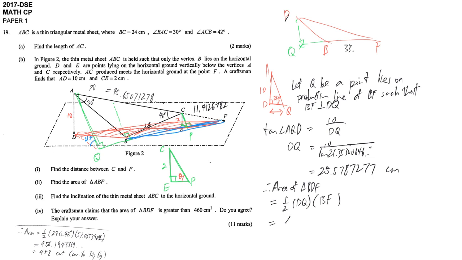Then we get the exact area of this is 426.7 something, and then it is definitely smaller than 460 that they want us to compare. That's why we do not agree.